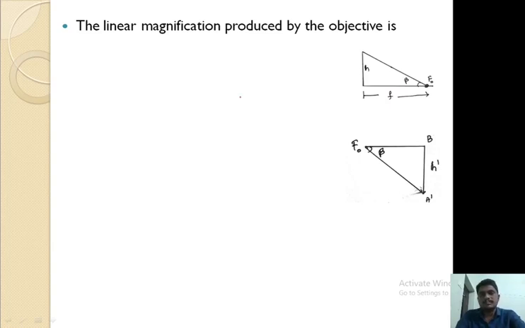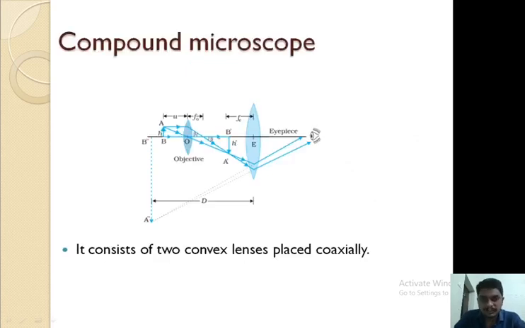Here the linear magnification produced by the objective, by the general formula, is h dash by h. Look at the picture here. This is the height of the object and this is the image produced by this lens. Therefore the magnification produced by the objective lens is the ratio of heights, h dash by h.